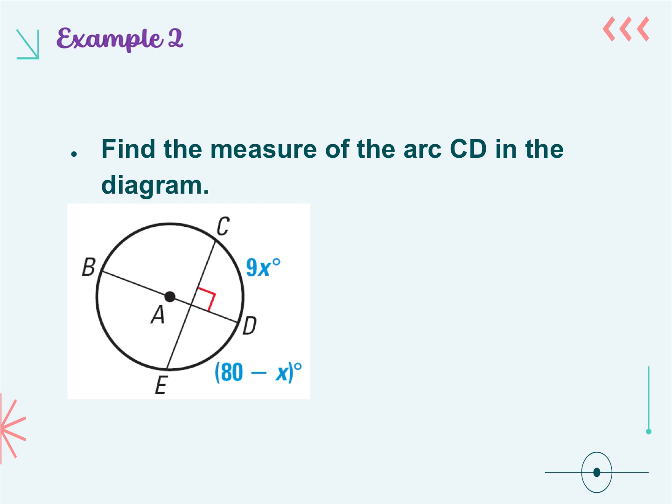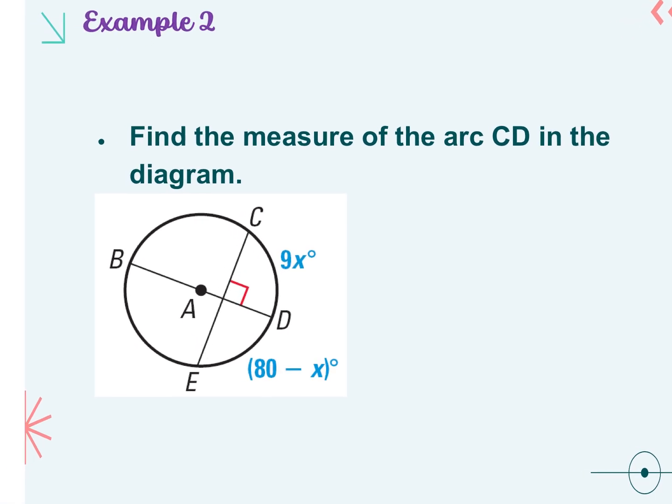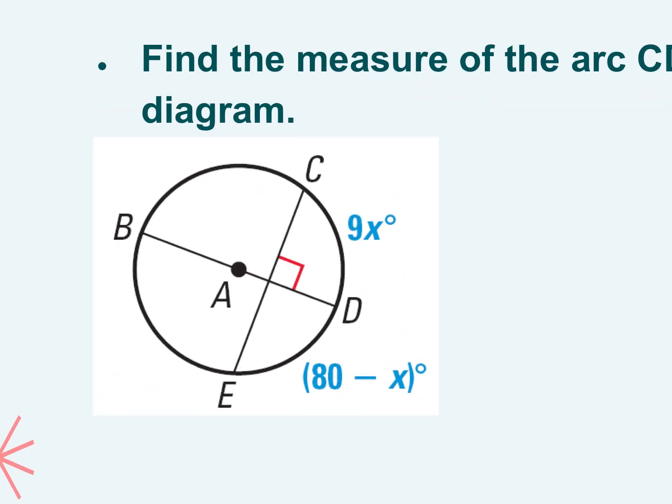Looking at example number 2, it says find the measure of arc CD in the diagram. What do I know about this diagram? Since it's a right angle, it's the perpendicular chord bisector theorem.